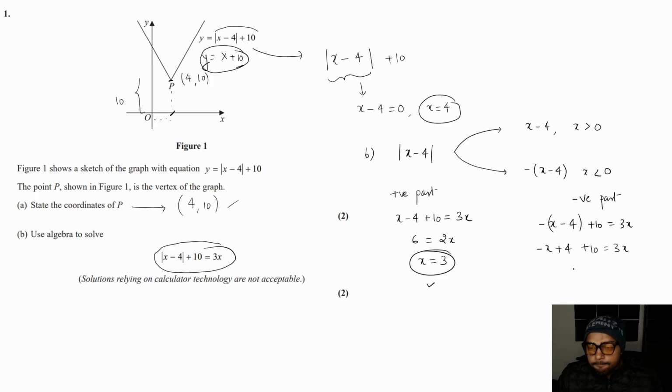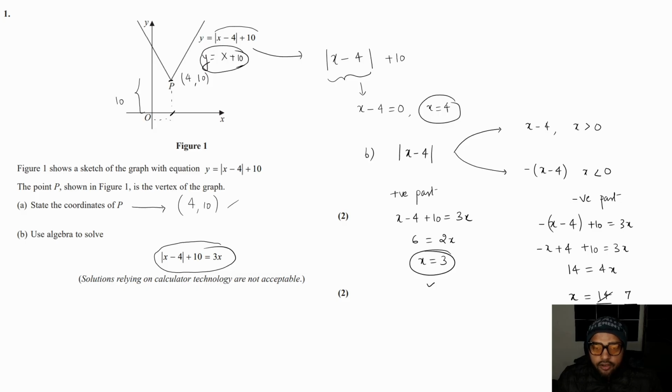Here we can see that we're getting 14 equals 4x. So the value of x is equal to 14 by 4, which is 7 by 2.